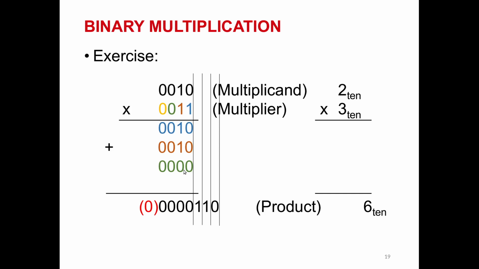Again, the last bit of the multiplier, bit 3, when multiplied with the multiplicand, as this bit is 0, we will have the value 0 located here, and then 0 added together with this. It makes no change to the product, but the product will need to shift 1 bit further to the right.